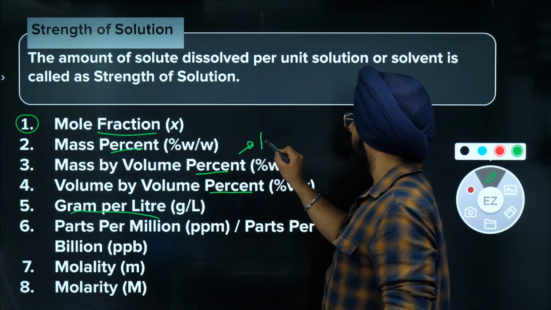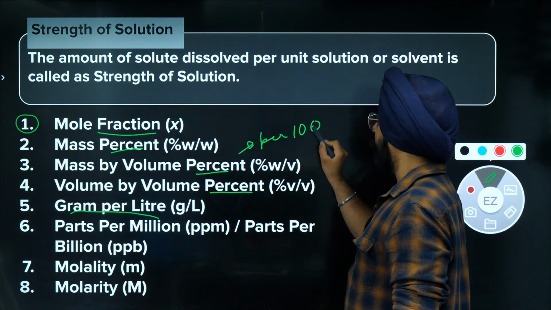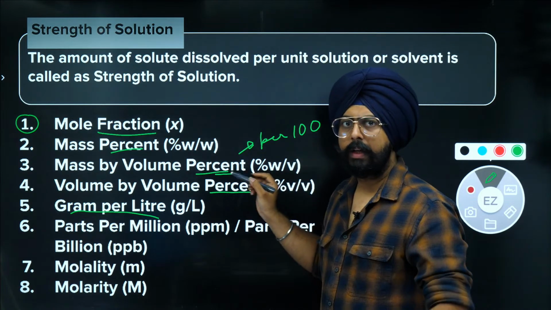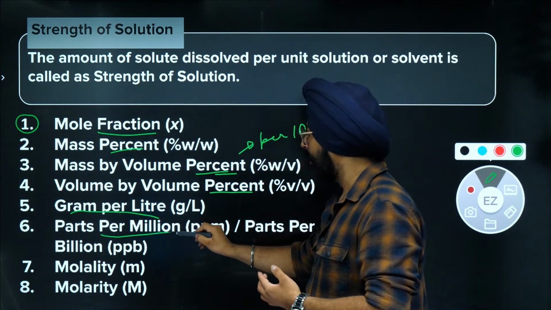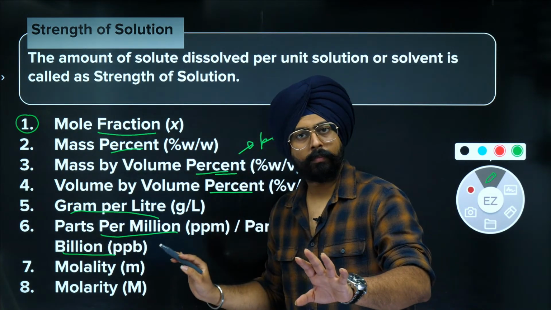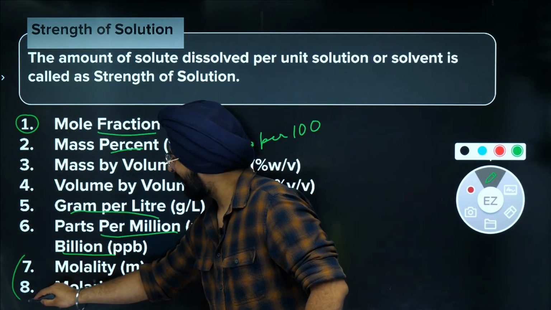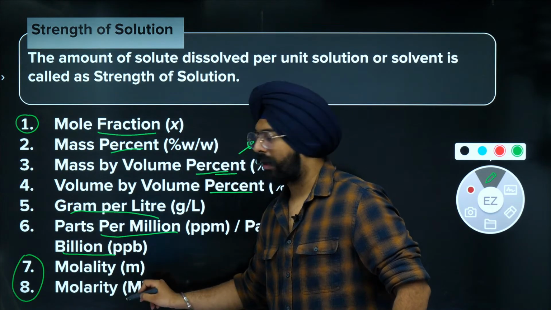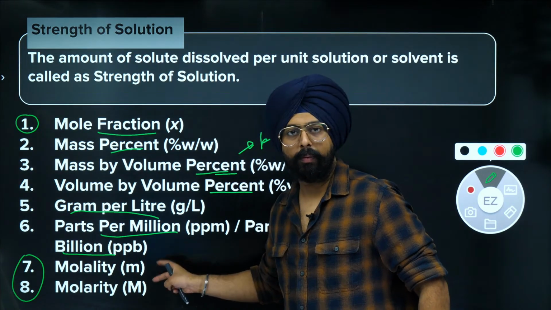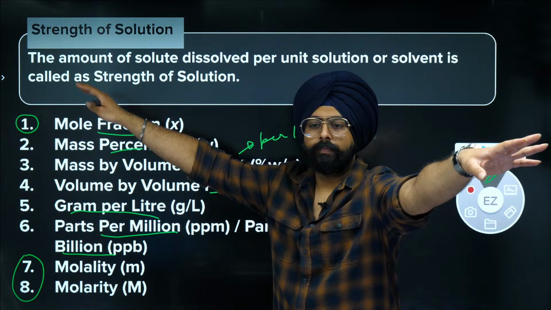Percent means per 100, right? Similarly, you have per million, per billion. Same thing, just the numbers are different. Then we have two very interesting ones, that is molality and molarity. These are extremely important for the rest of chemistry.